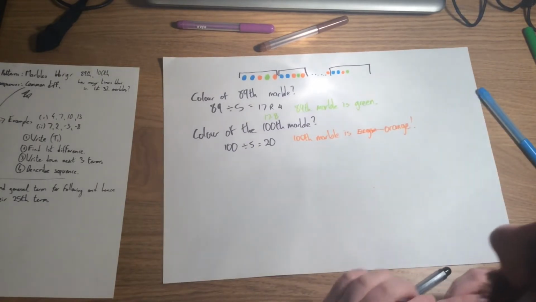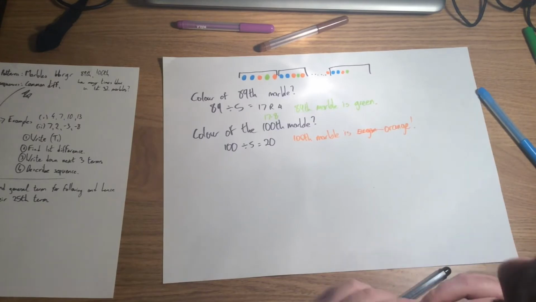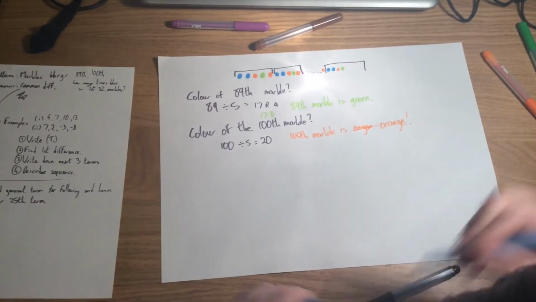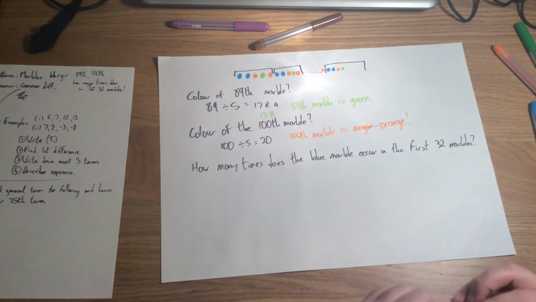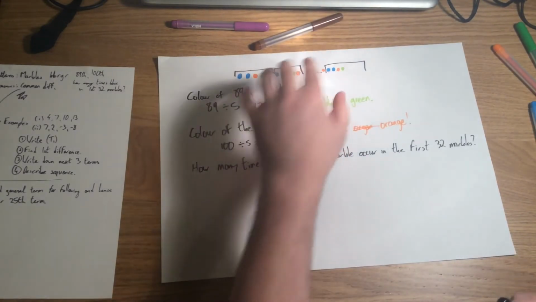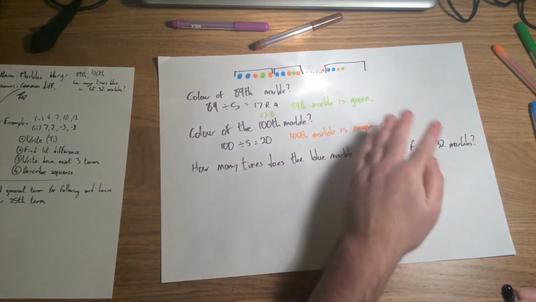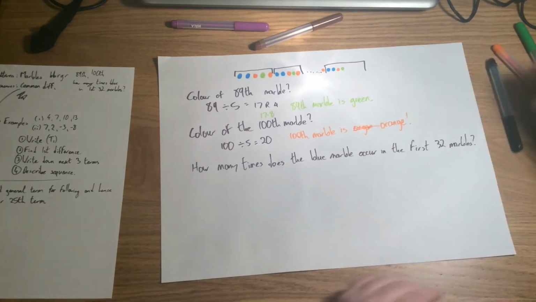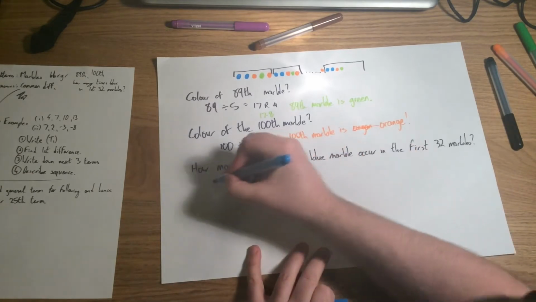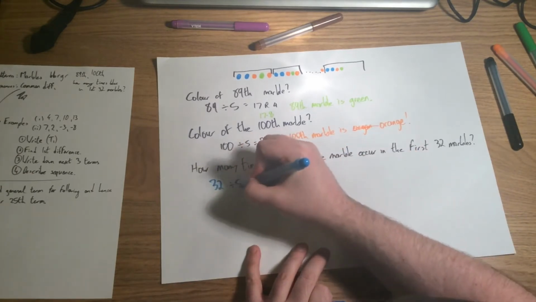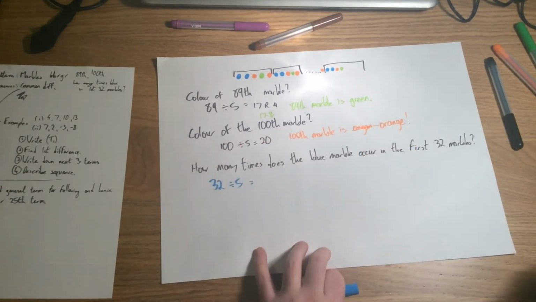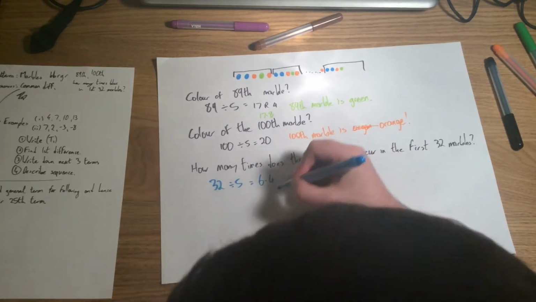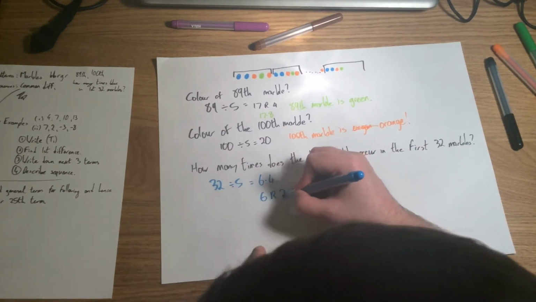Is that okay? And then it says, how many times does the blue marble appear in the first 32 patterns? So what it means is, if I repeat this pattern on and on all the way up to the 32nd one, how many times does the blue marble appear? Okay, so 32 divided by 5 is equal to 6.4, which in other words is 6 remainder 2.